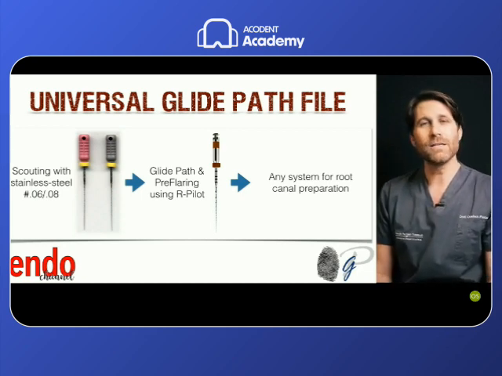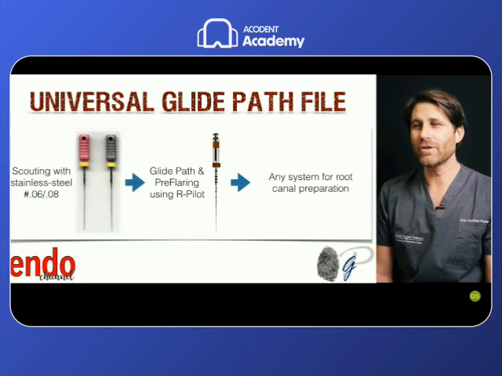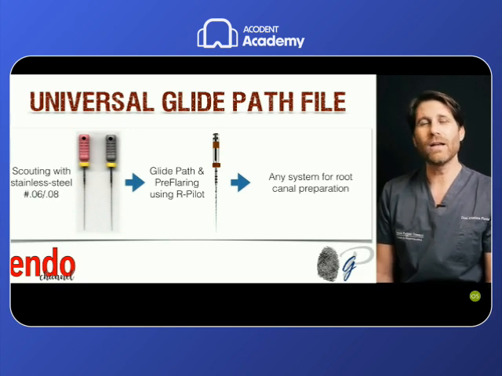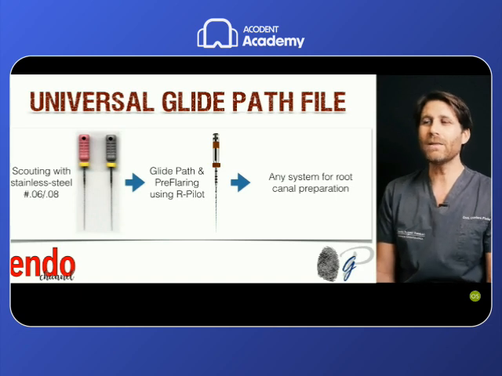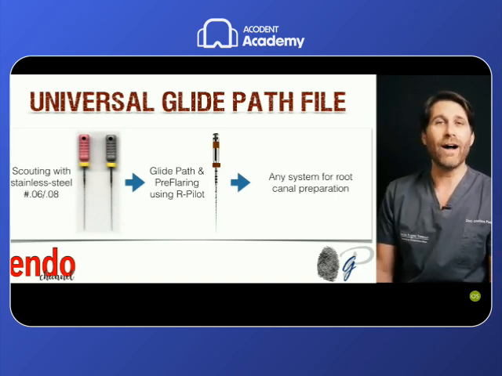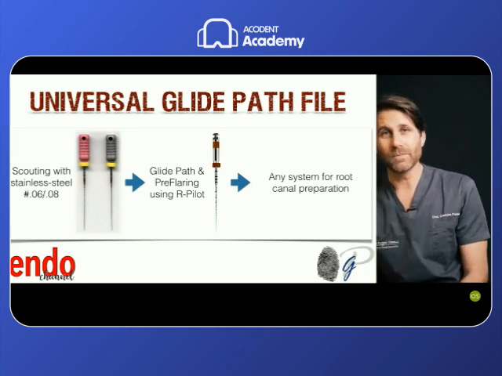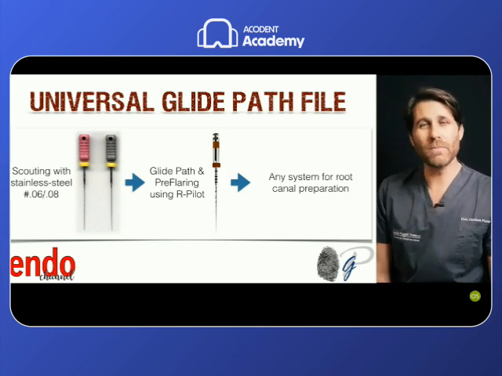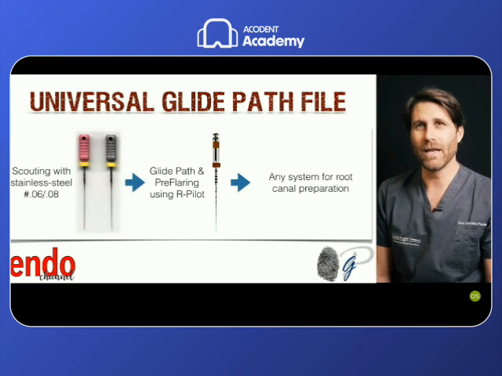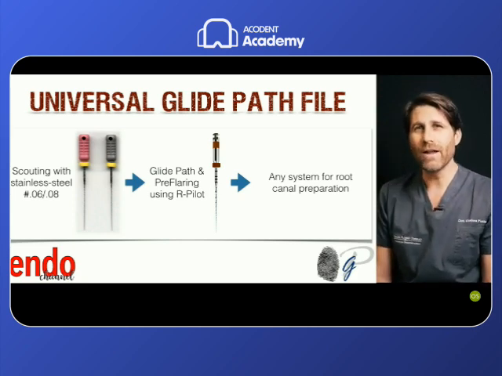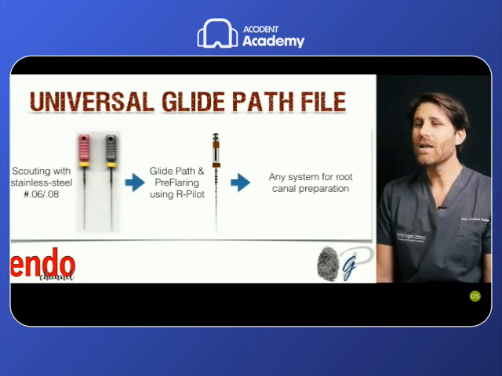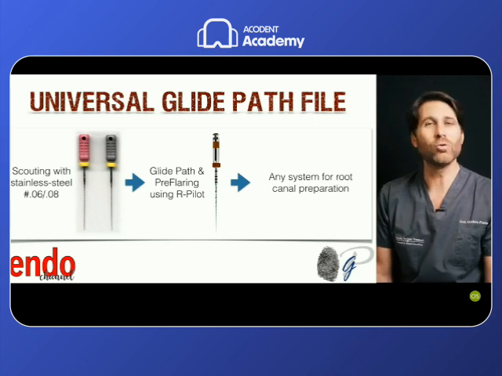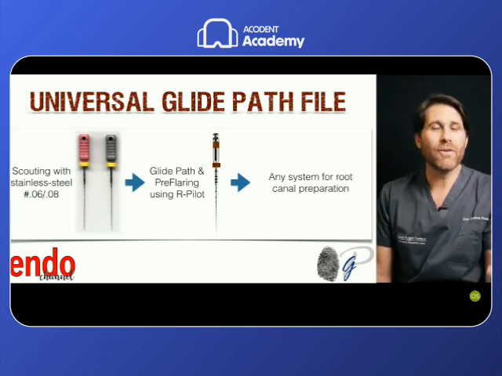The instructions for use say that we can use it just after the size 8 reaches the working length, as a glide path and pre-flaring file altogether, because this is a tapered file that not only prepares the glide path after the size 8, but also pre-flares and pre-enlarges the root canal before the use of any system for root canal preparation that you prefer to use.